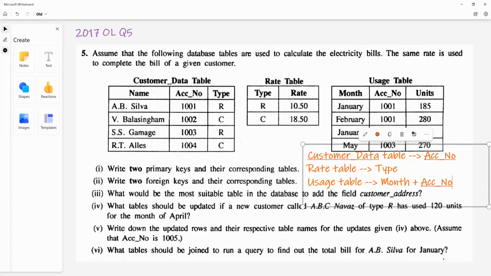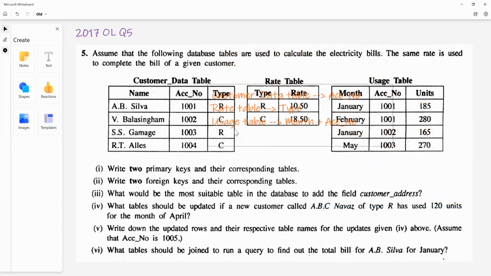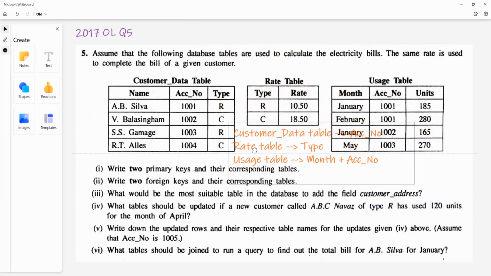Now that we know primary keys, let's look at foreign keys. So these are the primary keys.